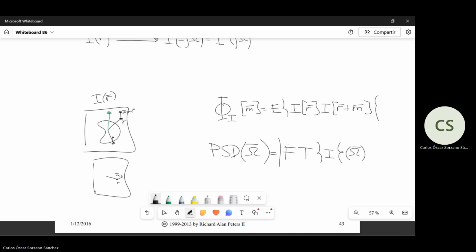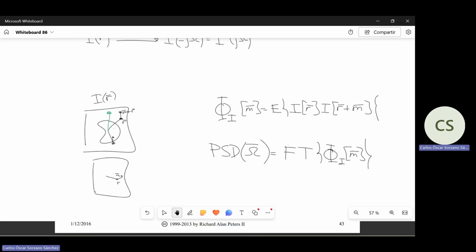Now, sorry, my power spectrum density. So for the power spectrum density, the autocorrelation function is another image. And then I do the Fourier transform of that image, and I get the power spectrum density.